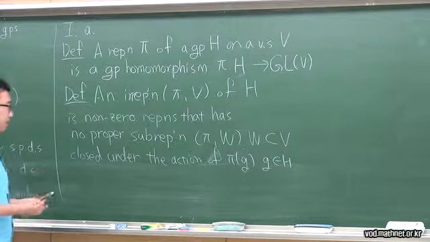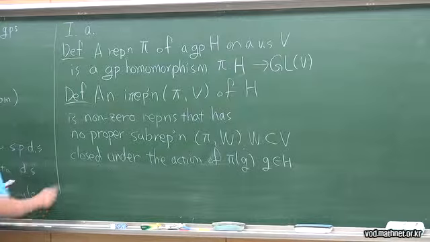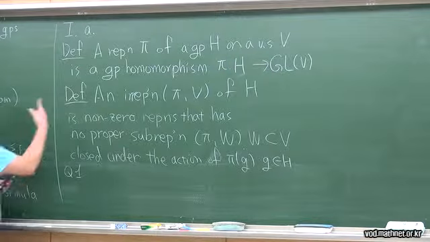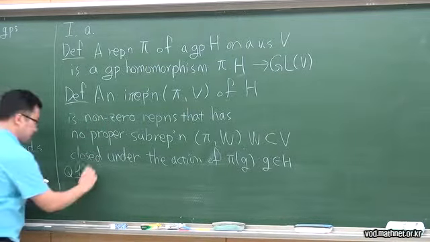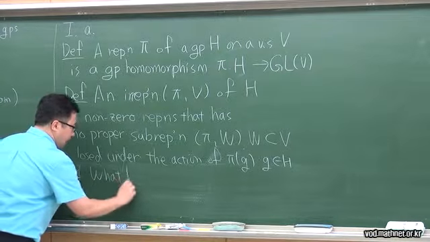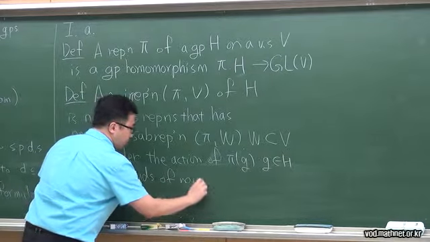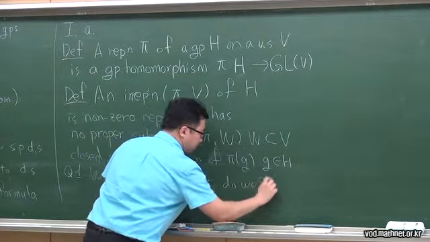That's one main theme in the Langlands program. Okay, before we start the local Langlands correspondence, let me just ask a question. This is just a very general definition of representations, so you can ask: what kind of representations do we study in Langlands program?